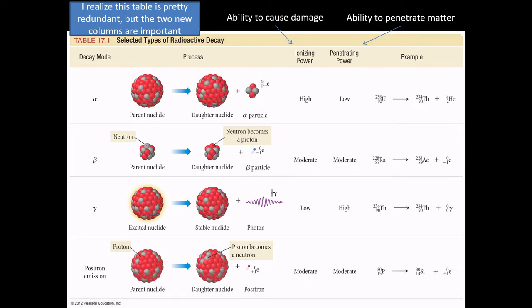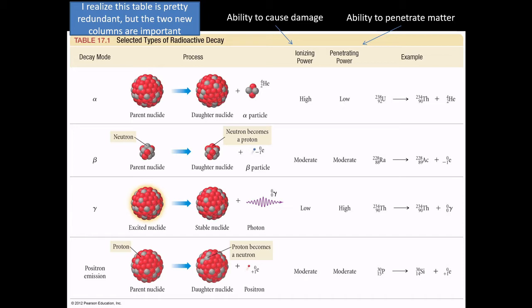When it comes to beta particles, on the other hand, while they don't have as much energy as an alpha particle, again, mainly just because they're tiny, it's just an electron. On the flip side of that, they can actually pass through some matter. They are better at penetrating matter. So you are not safe with just a piece of paper between you and a beta emitter.